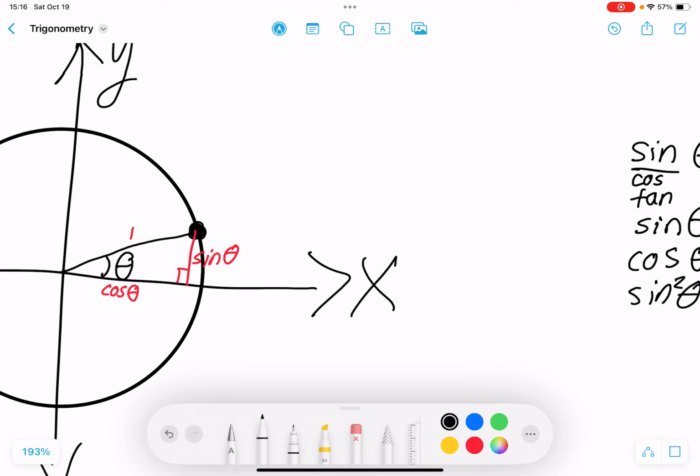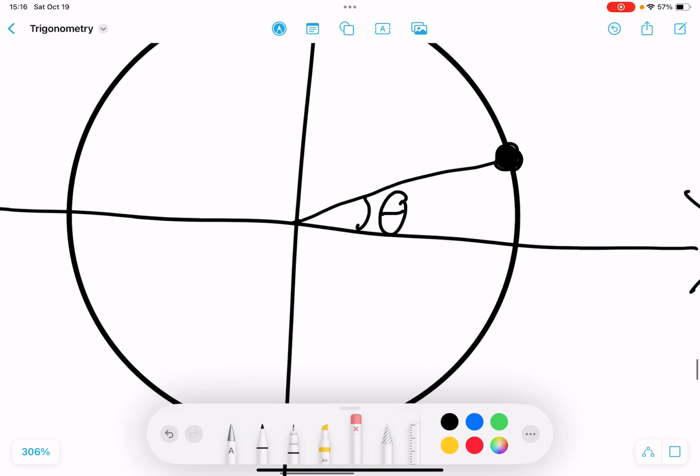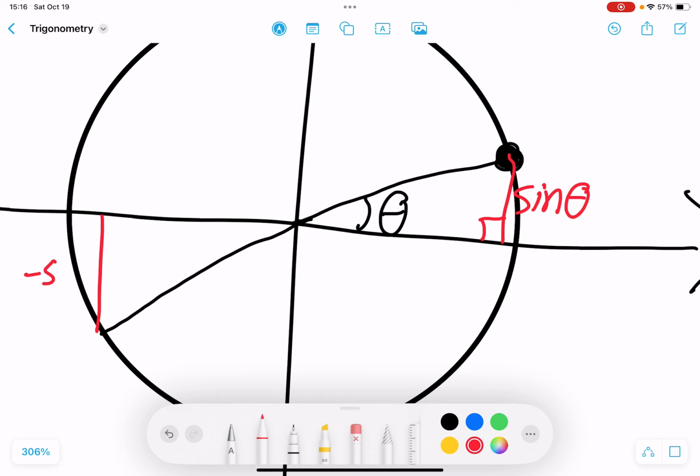Another property would be that sine theta, which is basically this red length over here, would be equal to negative sine of theta plus pi.